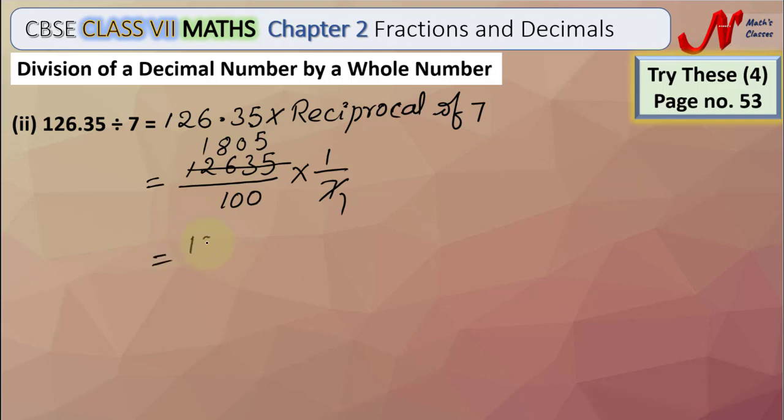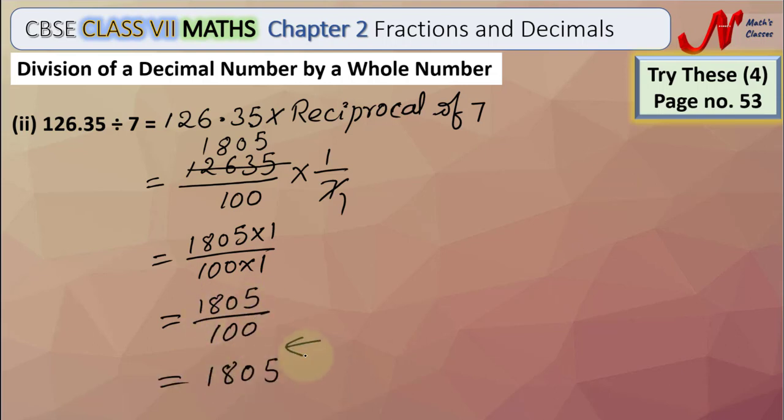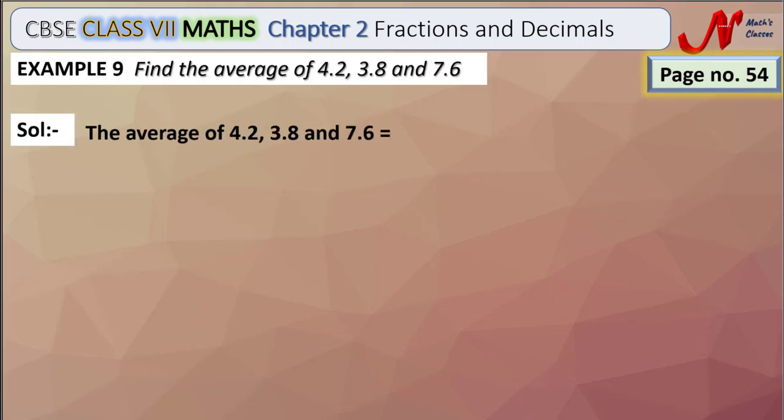So it can be written as 1805 into 1 by 100 into 1, which can be written as 1805 by 100. In the final result we keep the decimal point from right to left after 2 digits because in the denominator we have 100. Therefore 126.35 divided by 7 is equal to 18.05.